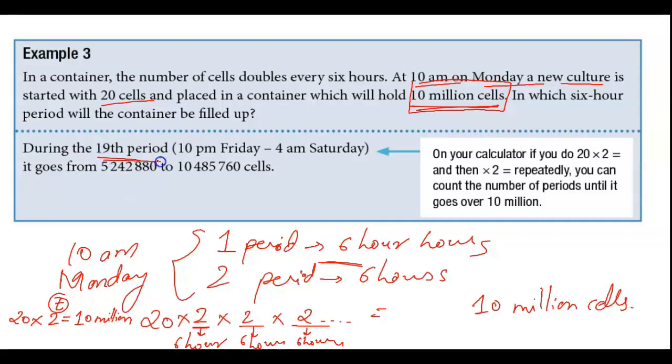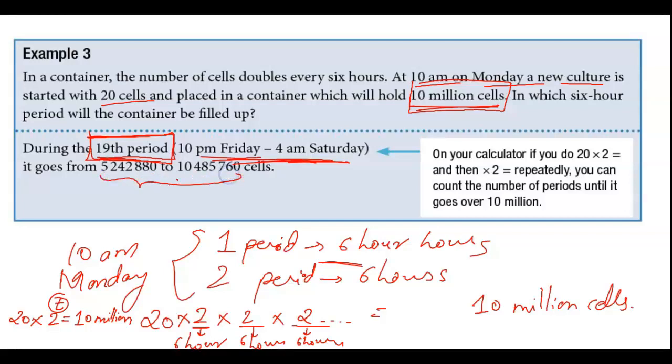During the 19th period, that is 10 p.m. Friday to 4 a.m. Saturday, that will be the 19th period. In this 19th period, it goes from 5242880 to 10485760.